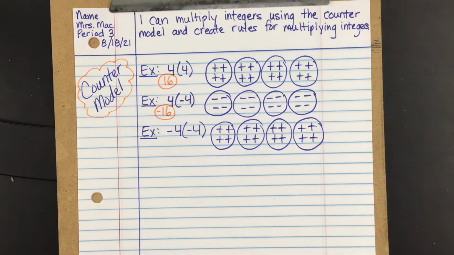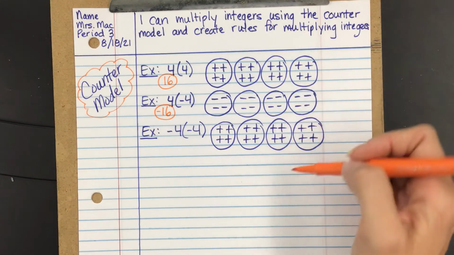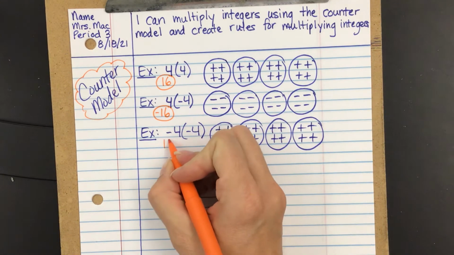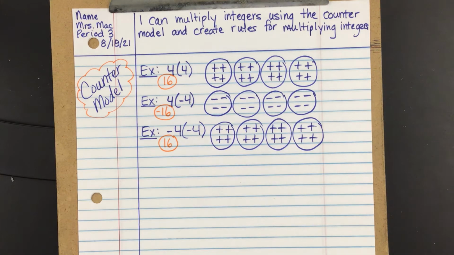Alright. Does that make sense? Yeah? Okay. And we already know the answer to this because it's the same model as above. So this would be +16. Okay, +16. So really when you have 2 negatives, it's the opposite of the opposite, so it's positive. Okay, if you think of it that way.